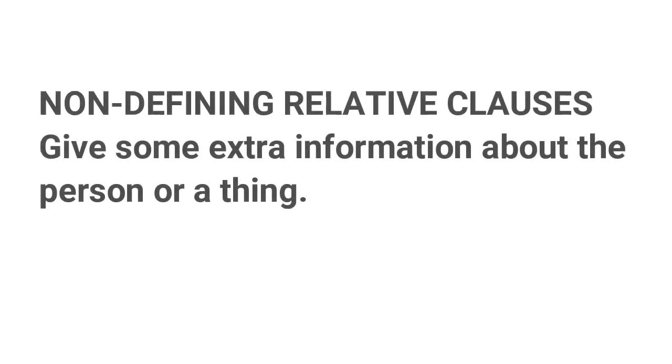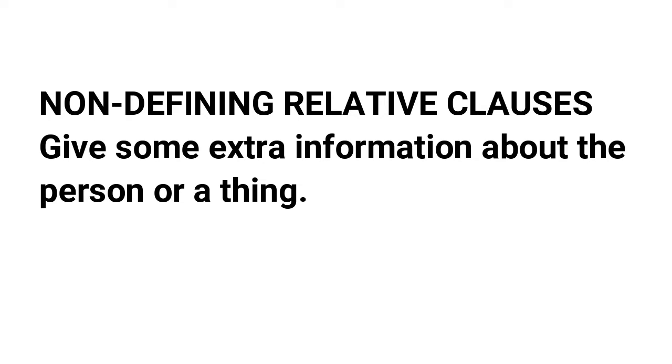Now let's move to non-defining relative clause. Students, a non-defining relative clause is used to give some extra information about the person or thing. It is not necessary information. Whereas a defining relative clause gives important information, a non-defining relative clause gives extra information.